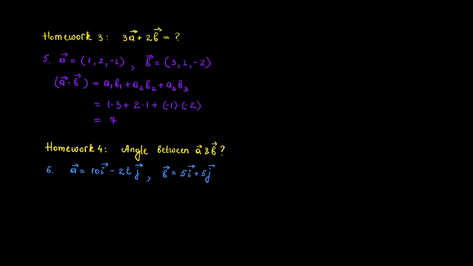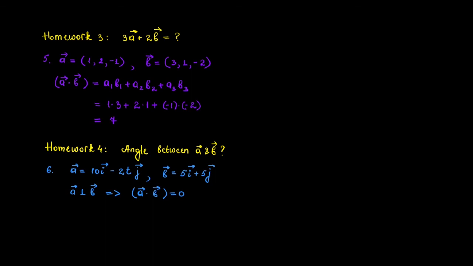To find this time, first we have to write that when A and B are perpendicular to each other, then it means their scalar product is equal to 0, right? Because the angle between them is 90 degrees and cosine 90 degrees is equal to 0.